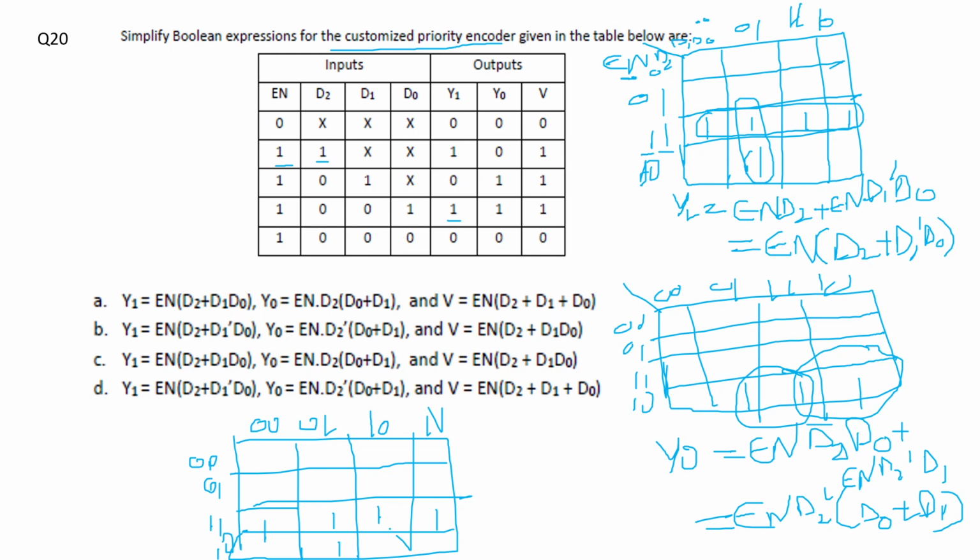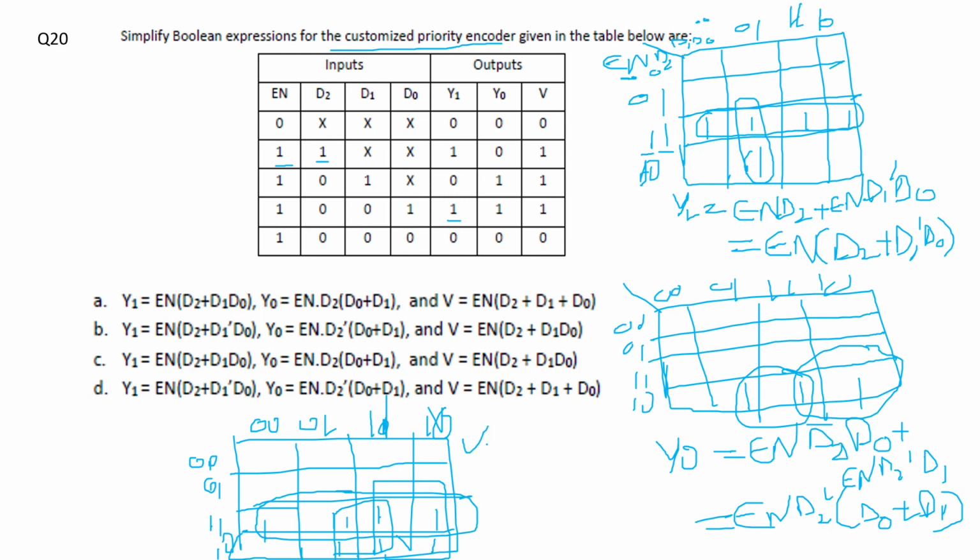So 1 0 1 and 1 0 1 0, and then we have finally 1 0 0 1. So this is one group, this is another group, and this is another group.